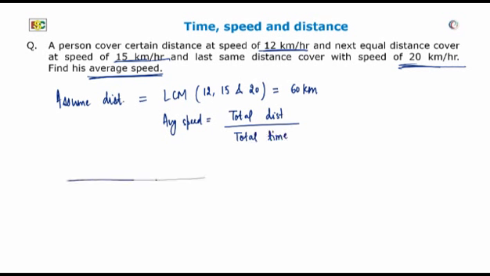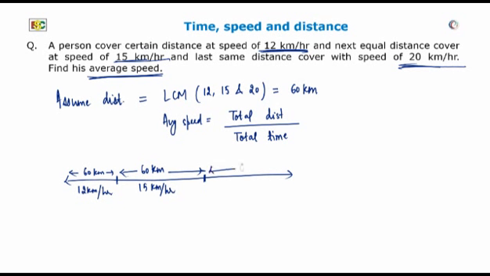Now we know that for the first part, speed is 12 km per hour and distance is 60 km, that we have assumed. For the second part, again distance is 60 km and speed is 15 km per hour.